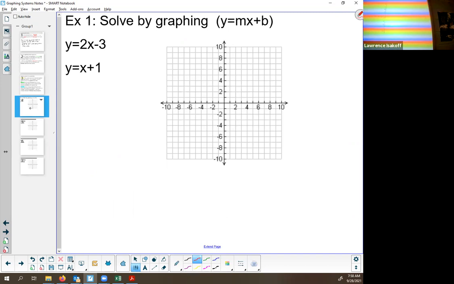First example I got. Now I'm going to start with doing this purely by hand. Then I'll show you how to utilize technological tools like Desmos to help us.